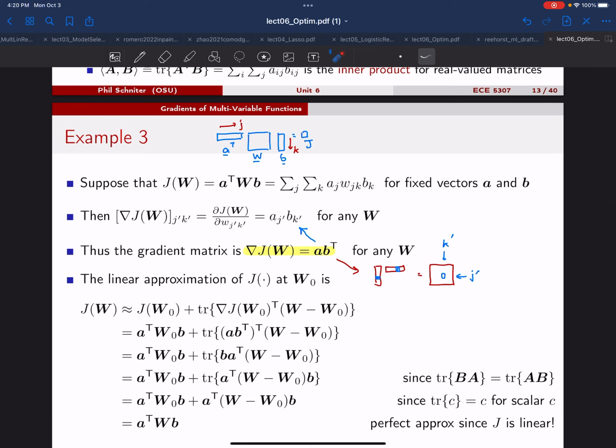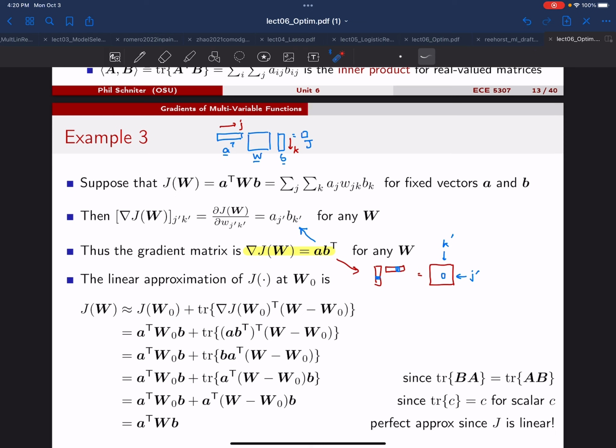Now we can do some simplification because we derived what this thing is. We can plug this in here. So this is A B transpose, that whole quantity transposed. When we apply the transpose, remember, that means we have to swap the order and transpose the individual terms. So that gives us B A transpose.